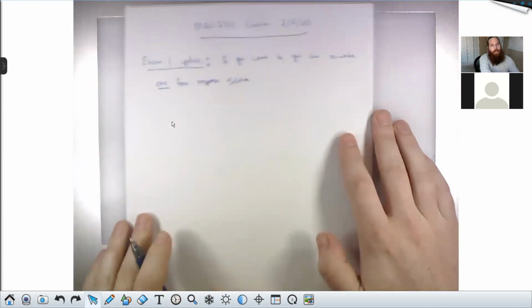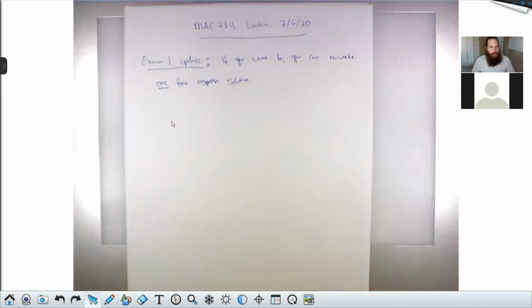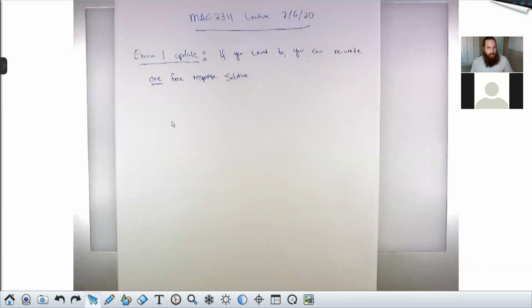You can rewrite one free response solution. So today, after I finish with my office hour, I'm going to be breaking apart all of your work. I've got all of your written work for your free response questions here, all stapled up and printed out and marked up nicely with comments. I'll be destapling those and scanning those and submitting them as comments on your exam one scores in Canvas.